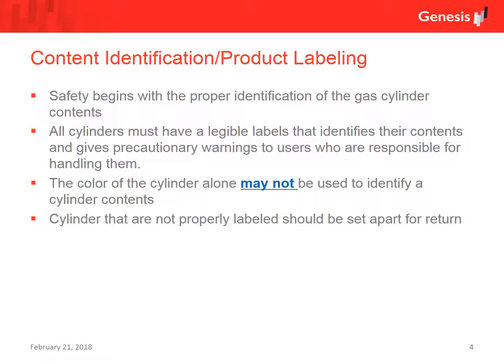Normally, for example, green would be for oxygen, but that is not necessarily always the case, so please be aware of what you're using. Cylinders that are not properly labeled should be set apart for return and not be used. Please make sure you are using the correct medical gas for the correct application.